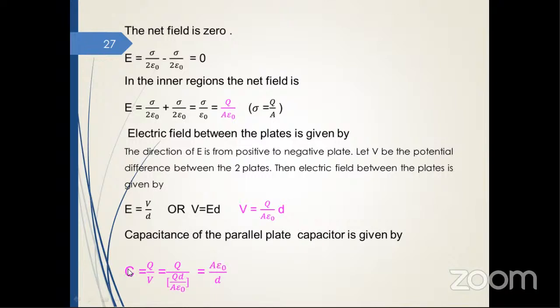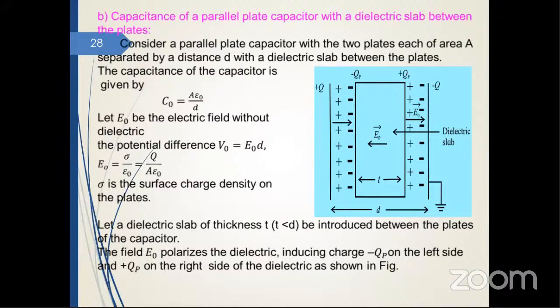Therefore, C is equal to A epsilon naught divided by D. In this way, we obtain the equation for the capacitance of the parallel plate capacitor without dielectric.